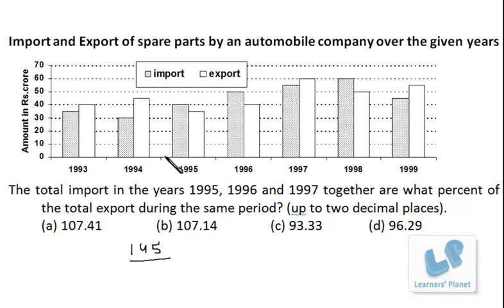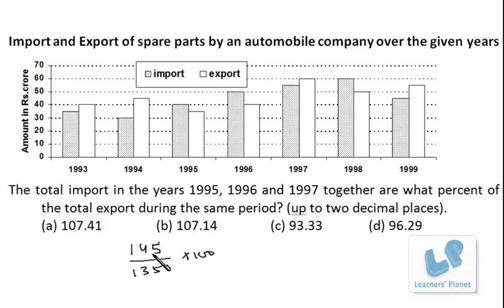Divided by total export in this duration, right? So it's 35, 35 plus 40 is 75, 75 plus 60, that is 135, right? So this percentage we have to calculate.